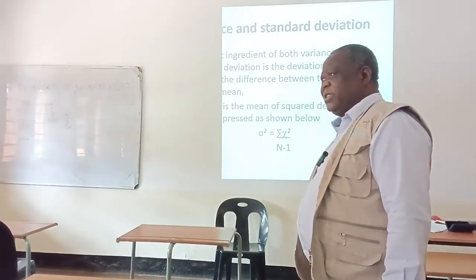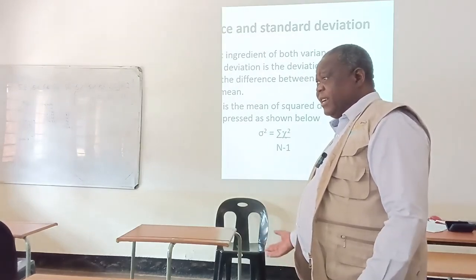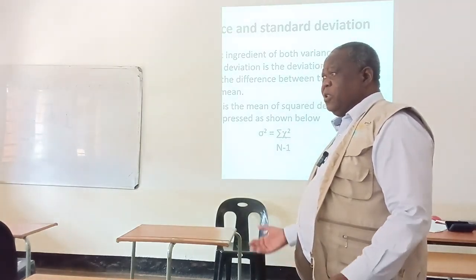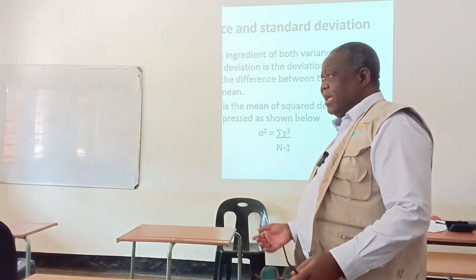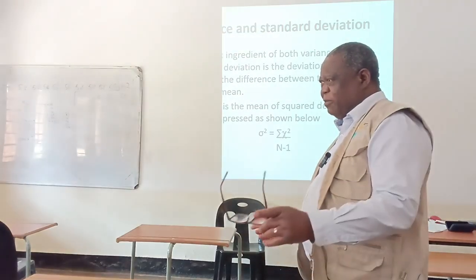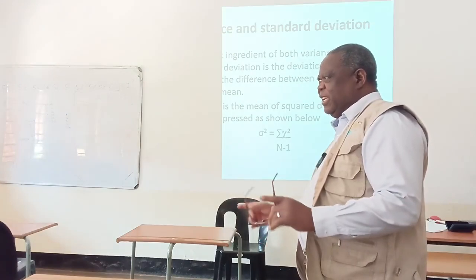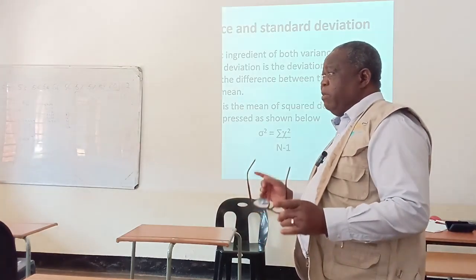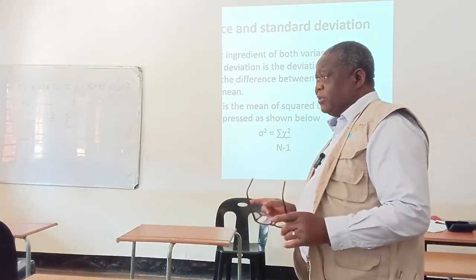And the question is, which rate of fertilizer is giving you better yields? By looking at one plot versus one plot, it will be difficult for you to make reasonable comparisons.